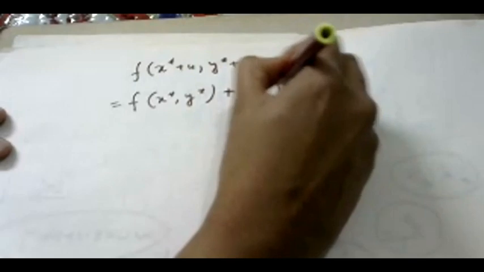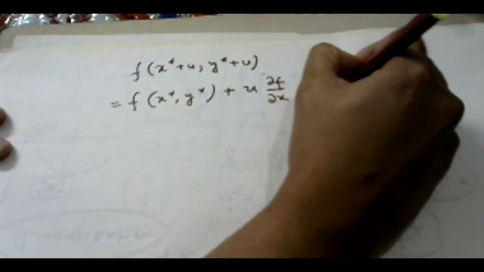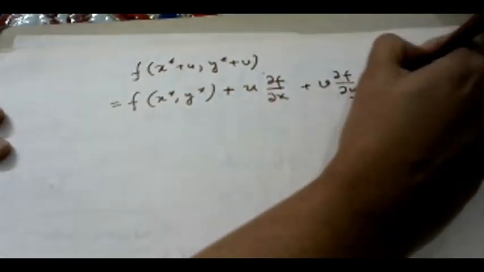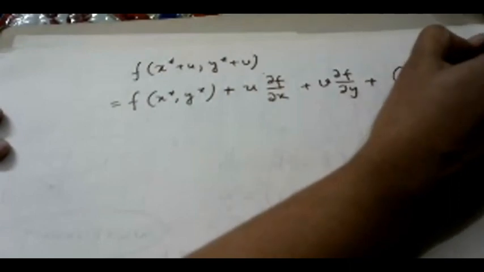So expanding a two variable function, the two variable Taylor series expansion. f of (x star plus u, y star plus v) equals f of (x star, y star), just do the same thing for two variable systems, right? Plus u del f by del x, plus v del f by del y, plus the higher order terms, order of u square, v square, and so on.